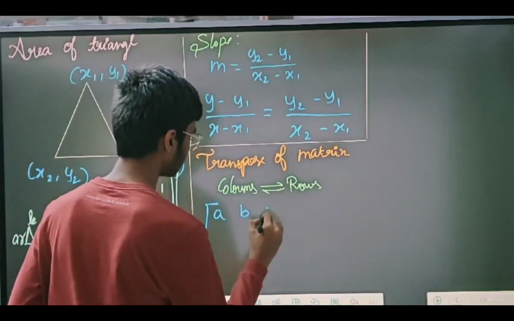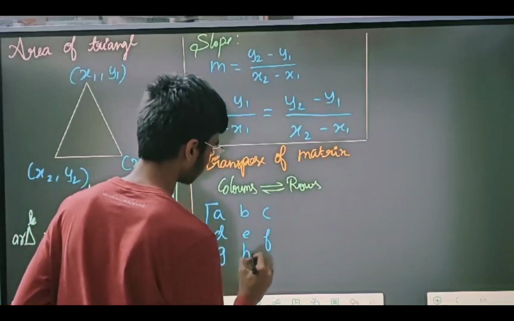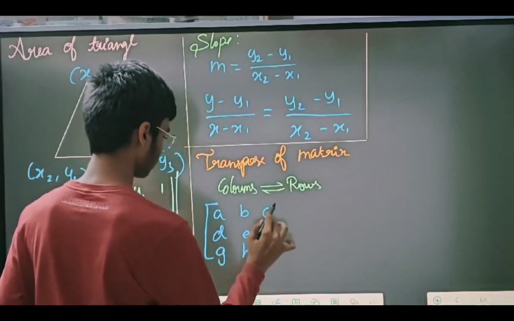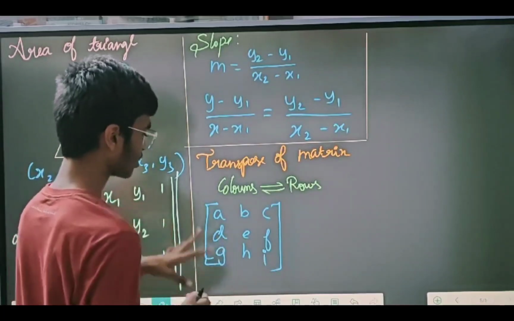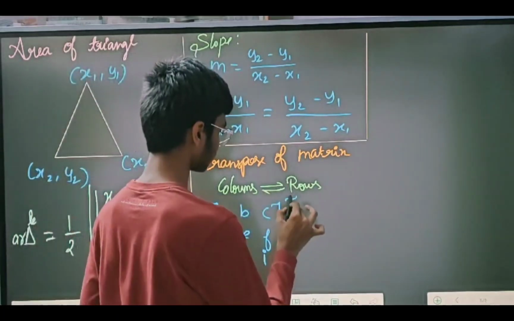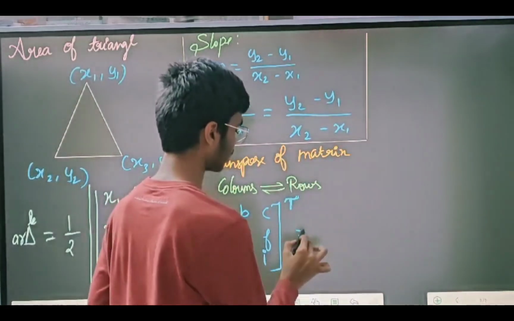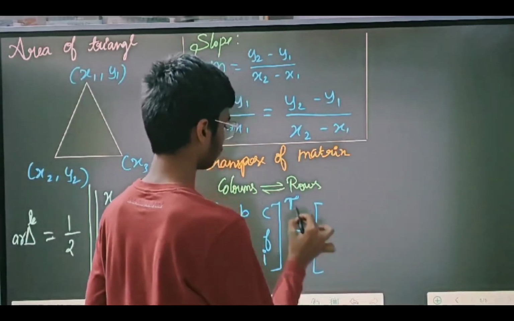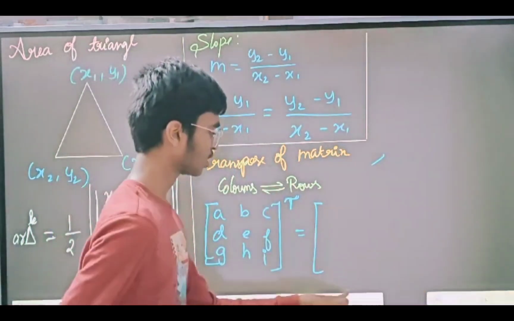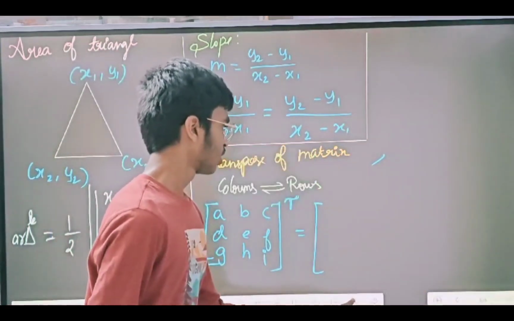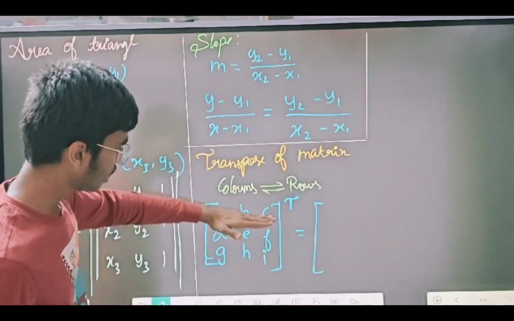A, B, C, D, E, G. Okay, so this is what the matrix is. Is equal to, that means the transpose. This symbol means transpose, or some people also use this dash as a symbol. See, this is the first row, so this row should be written like this.